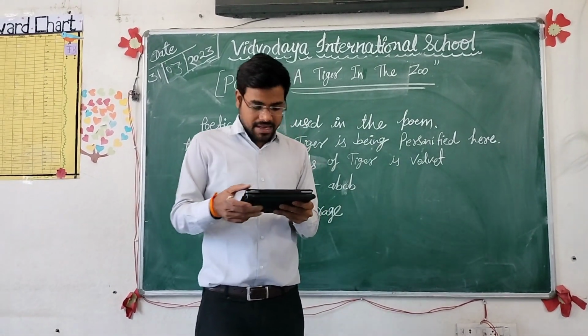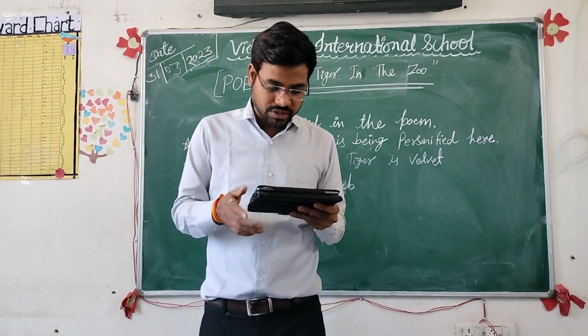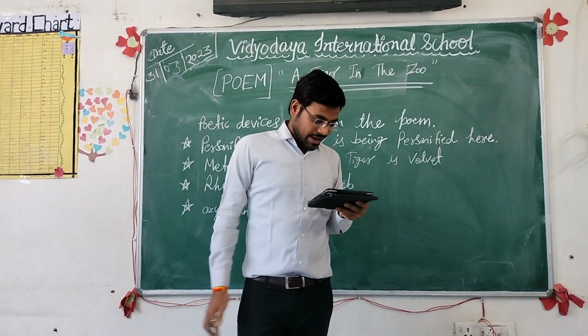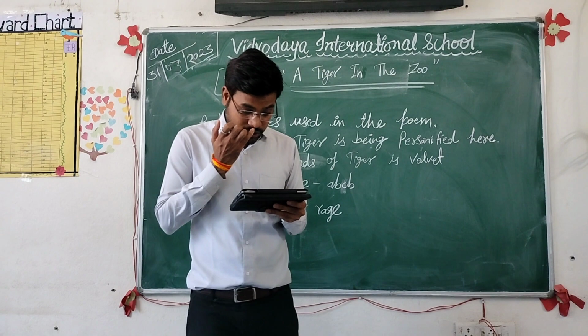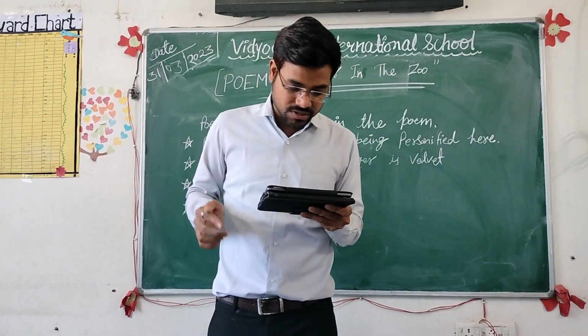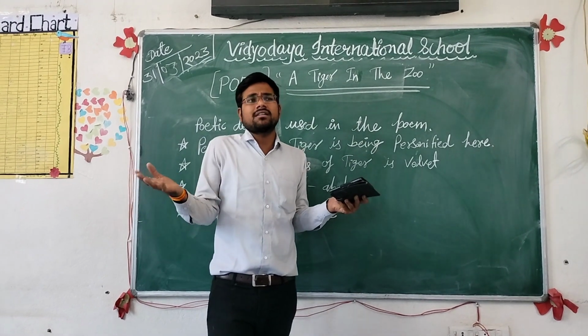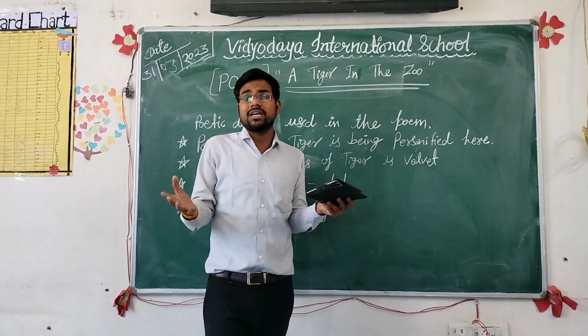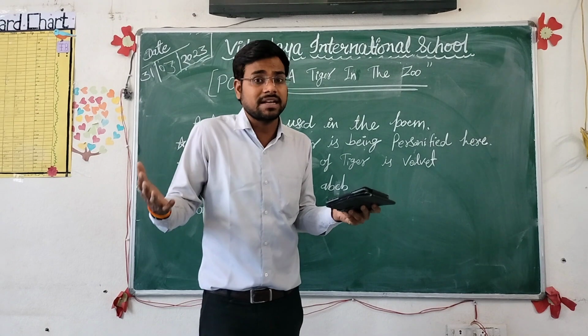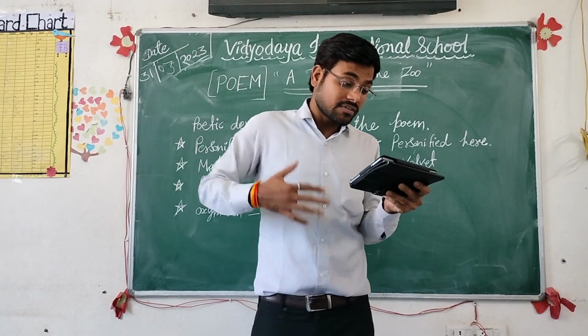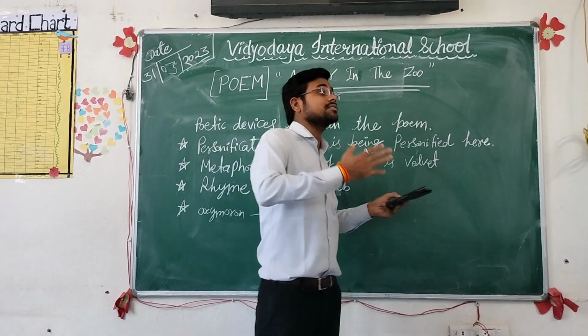The fourth stanza says, but he is locked in a concrete cell, his strength behind bars, stalking the length of his cage, ignoring visitors. But the tiger is not doing any of the activities we covered in the second or third stanza. In the fourth stanza, the writer says that the tiger is behind the bars.